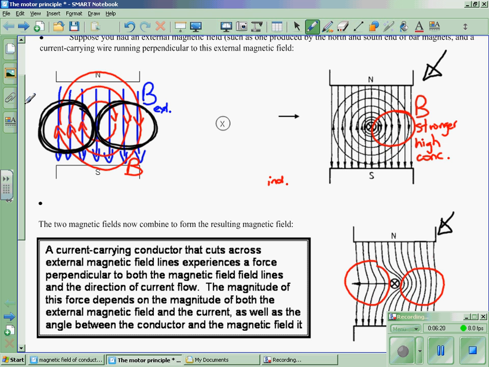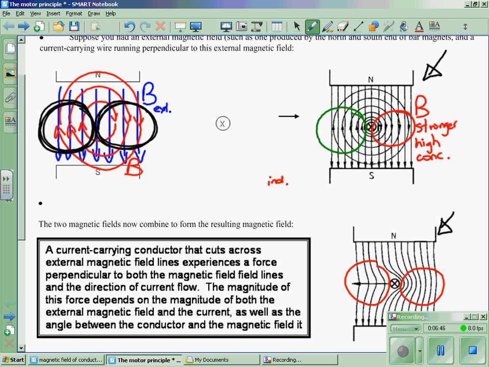If you take a look, on the other hand, at the left side of that wire, it turns out that the induced magnetic field and the external magnetic field, as we said before, are going in the opposite direction. So it's almost as if the two magnetic field lines are canceling each other out. Now, they don't really cancel each other out because one of them isn't going in a straight line.